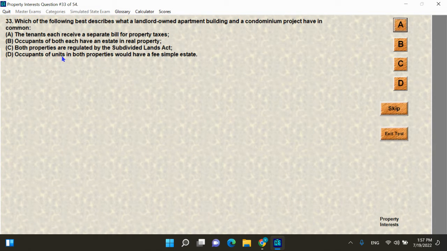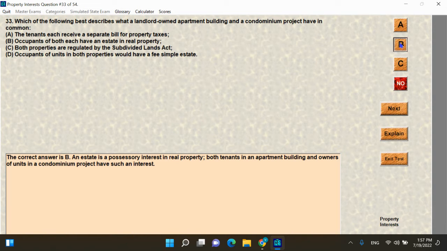D. Occupants of units in both properties would have a fee simple estate. The correct answer is B. An estate is a possessory interest in real property. Both tenants in an apartment building and owners of units in a condominium project have such an interest.